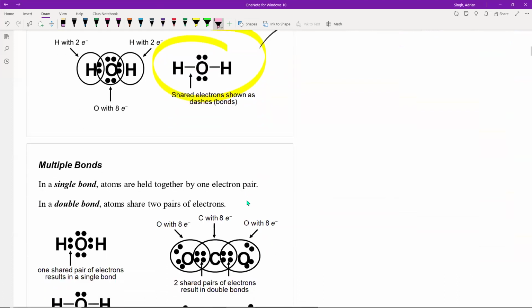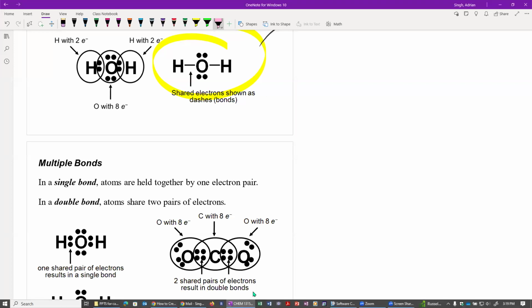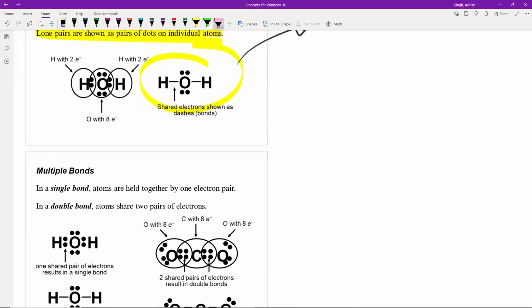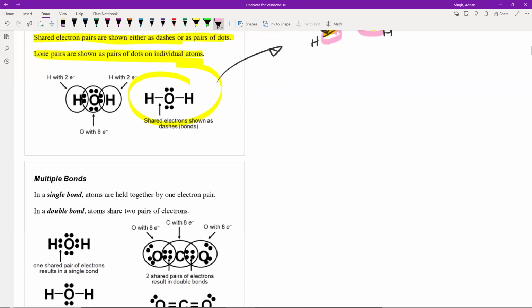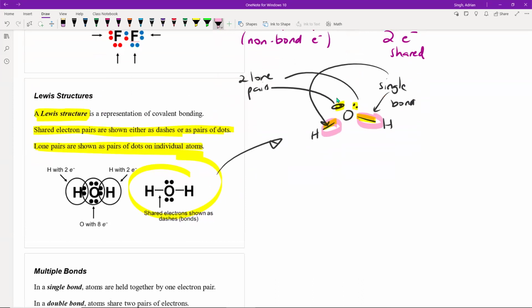So in addition to elements forming single bonds, we also have the possibility of forming different types of covalent bonds. For instance, let's say I had something like an oxygen.